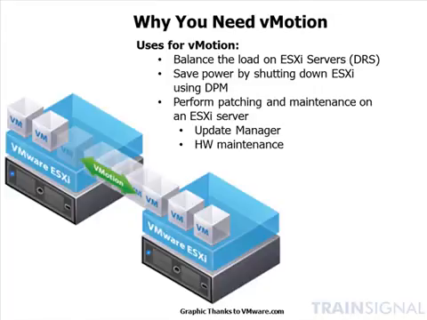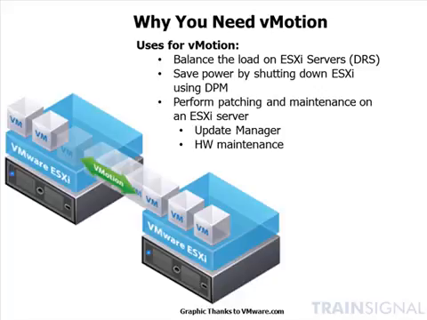For example, the Distributed Resource Scheduler, or DRS, ensures virtual machines get the resources they need, and when they don't, it uses vMotion to move virtual machines that need more resources to another server that can provide them. vMotion is also used by DPM, or Distributed Power Management, so that it can move running virtual machines and consolidate those virtual machines onto fewer servers before it powers down ESXi servers in order to save power when the utilization of a cluster is low.